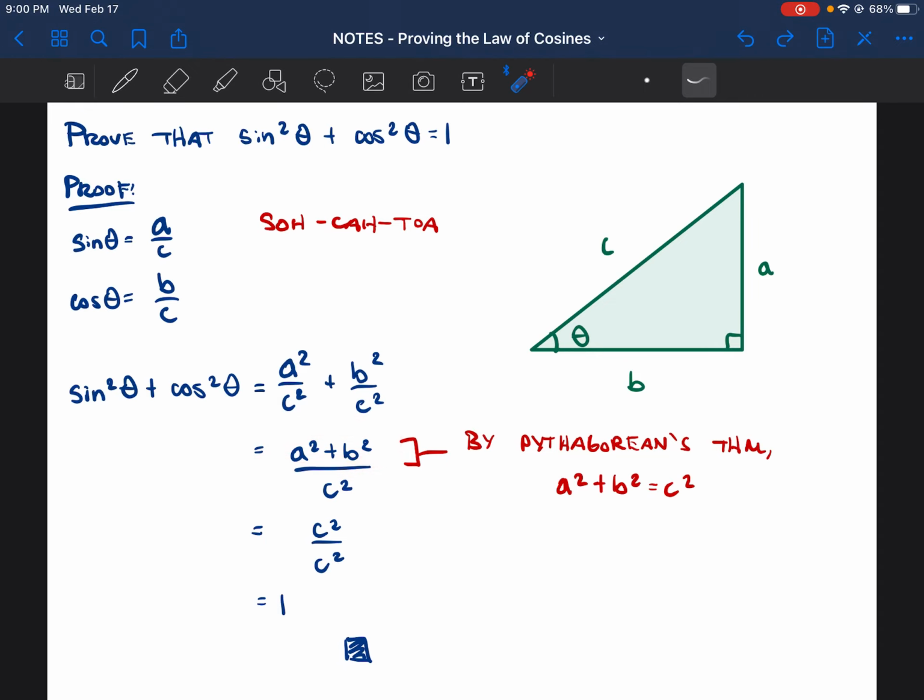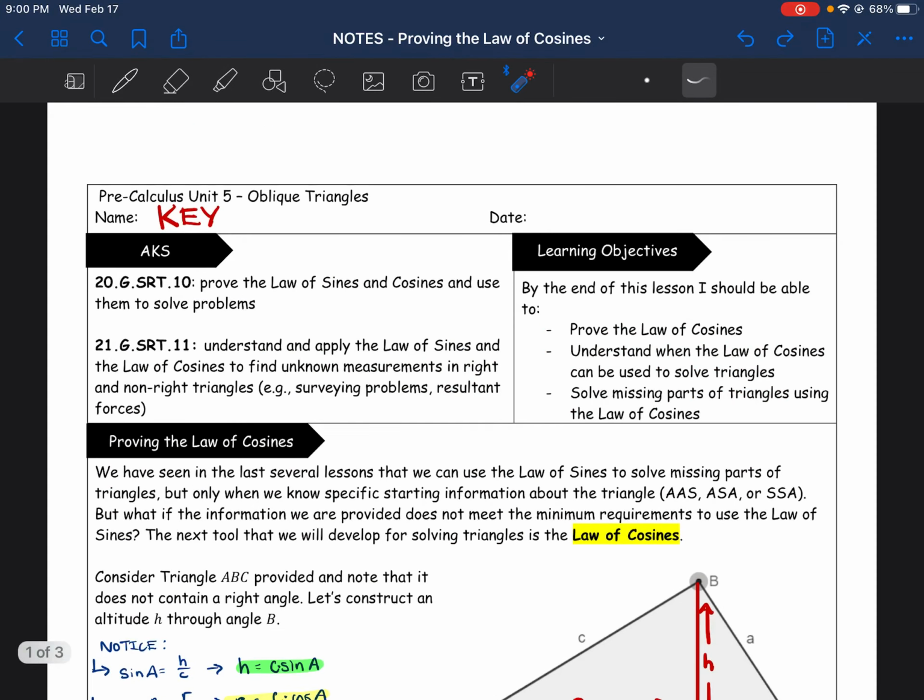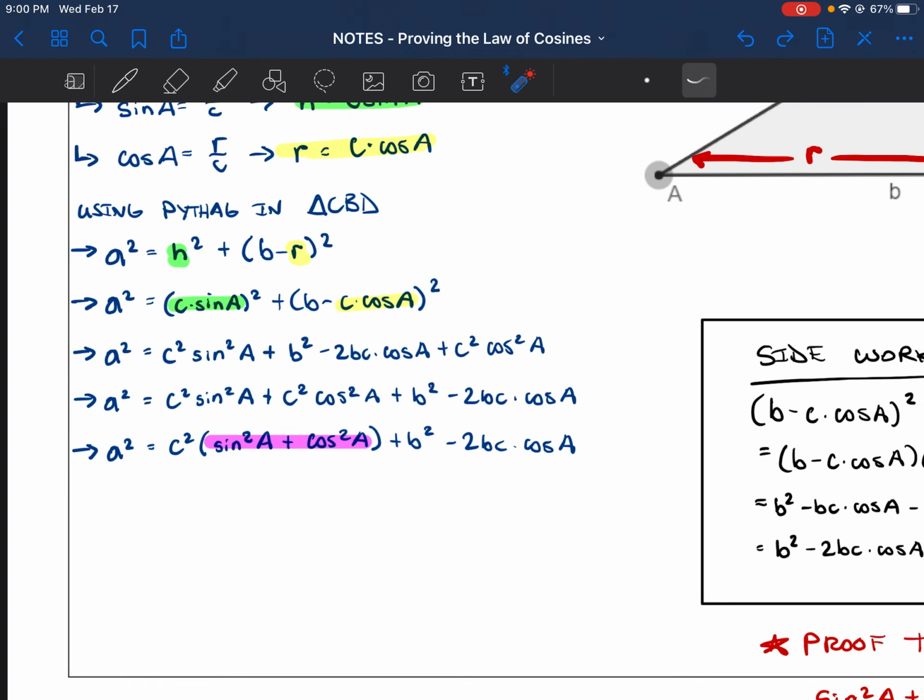But using Pythagorean's theorem, we know A squared plus B squared equals C squared in a right triangle. So this turns into C squared over C squared, which equals 1. So that's the end of our proof. So when you have a right triangle, sine squared of the angle plus cosine squared of the angle equals 1. Really cool result.